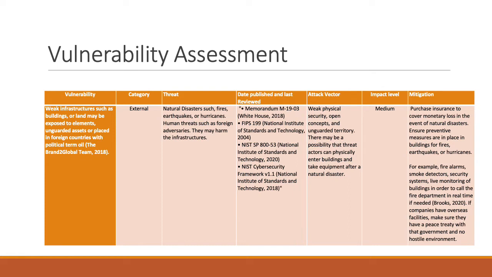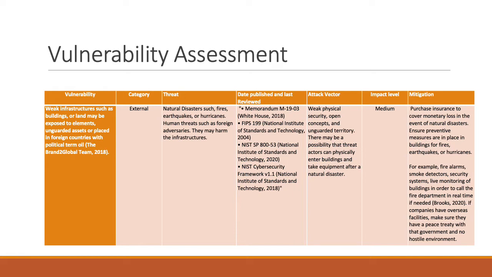Again, an attack vector can be weak physical security, open concepts of this territory, as well as unguarded territory. There may be a possibility that threat actors can physically enter the building and take equipment after a natural disaster, or even just take equipment or breach into devices. This would be like impact level would be medium.